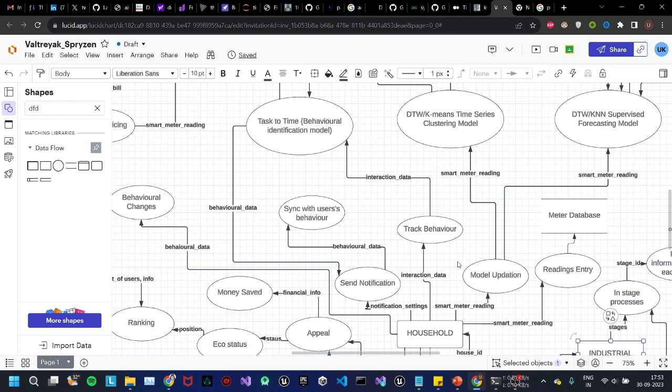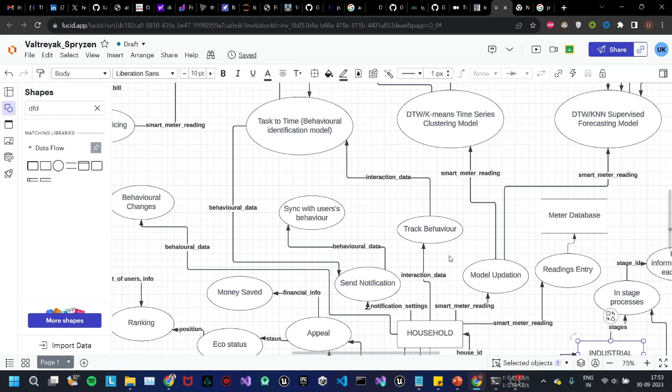Then tracking behavior. We're tracking the behavior by the mobile interactions that they are having, as well as various other smart automation devices that they may have and will use their mobile devices to interact with. So it is totally dependent upon the mobile devices for getting the behavior of the user, particularly their daily routine.